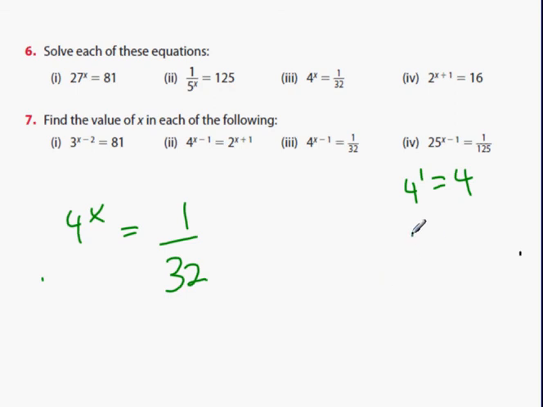4 to the power 2, 16. 4 to the power 3, 64. Is 32 on that list? No. Therefore, you need to pick a new number.